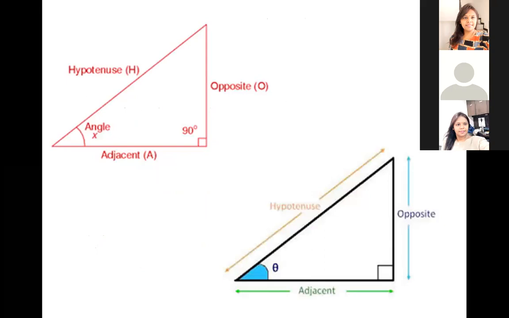Here we know the properties of the right angle triangle. A right angle triangle always represents the Pythagoras theorem. If any 90 degree angle, its opposite side is known as the hypotenuse.